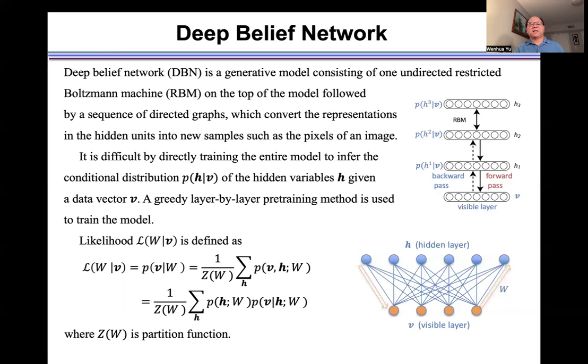It's difficult to directly train the entire model to infer the conditional distribution of hidden variables H given a data vector V. A greedy layer-by-layer pre-training method is used to train the model.